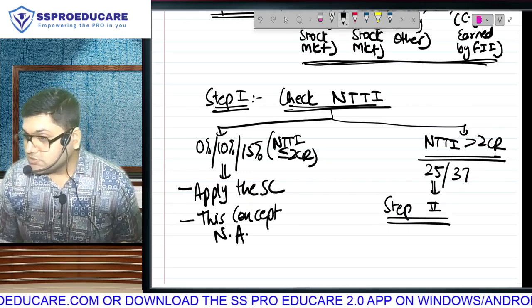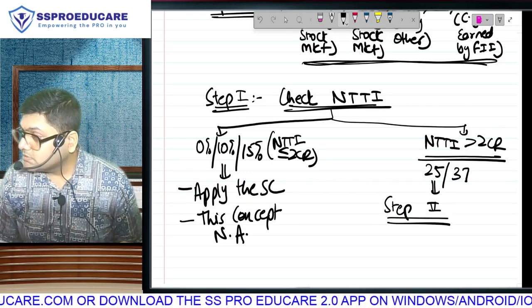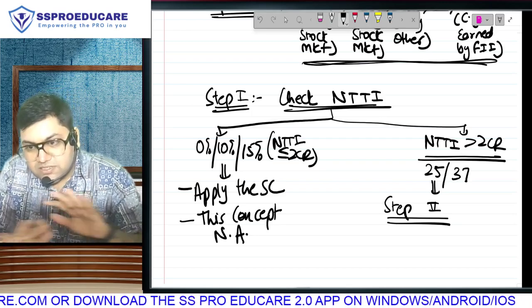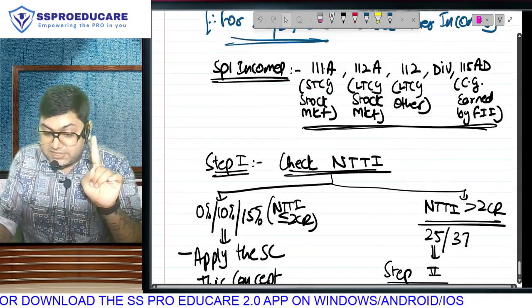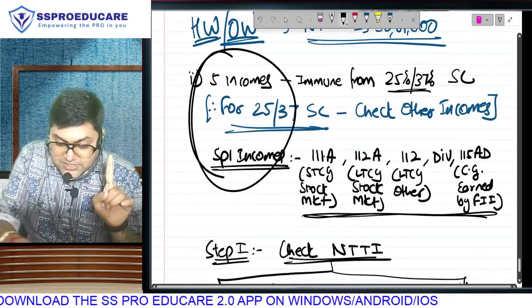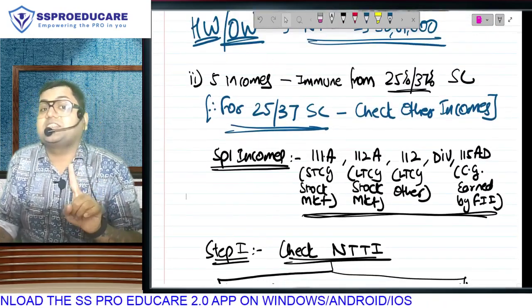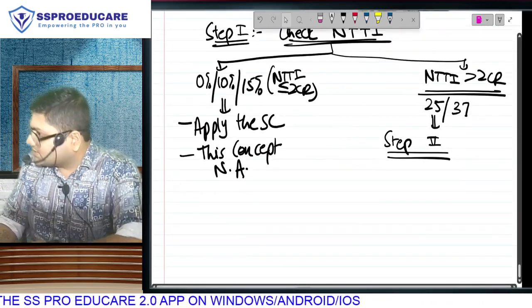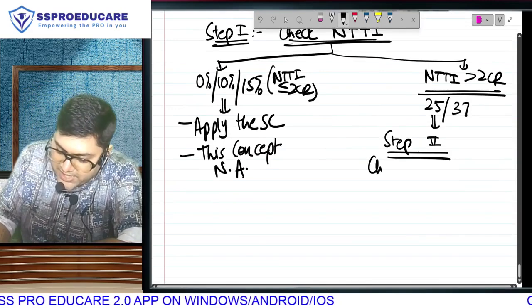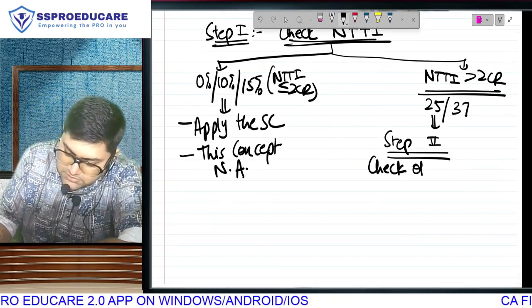If the answer is coming to 0, 10, 15, question is over. Apply the surcharge, finish it. Please understand, this whole concept is applicable only and only in cases of 25 and 37. If the answer is coming to 25 and 37, check your other incomes.